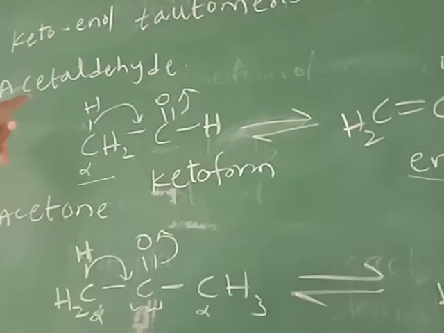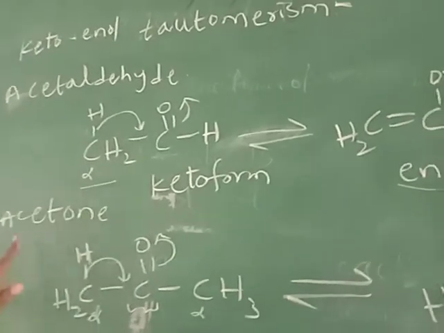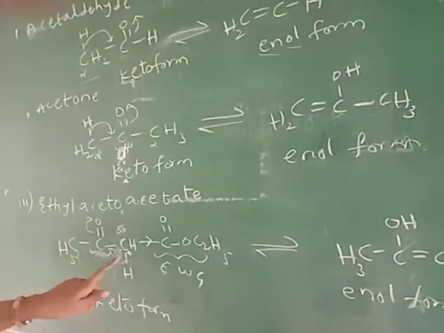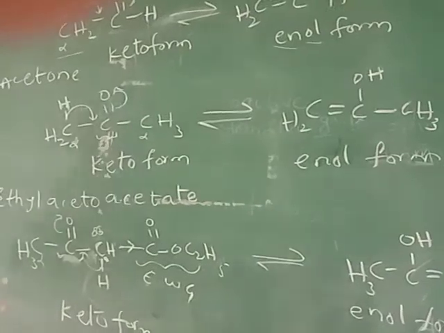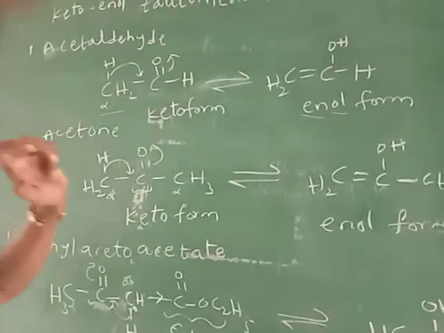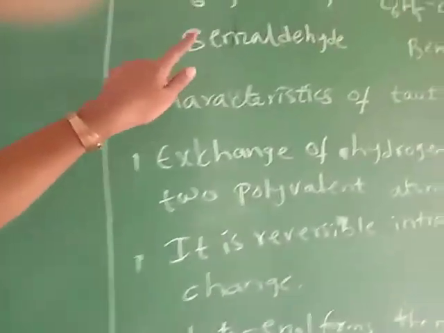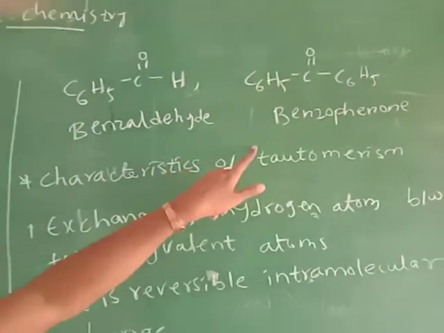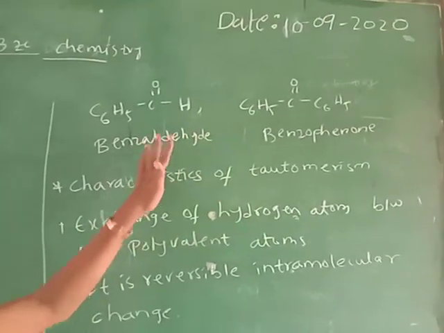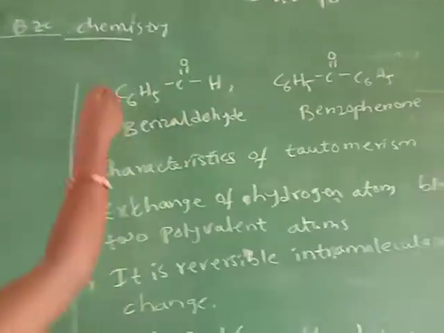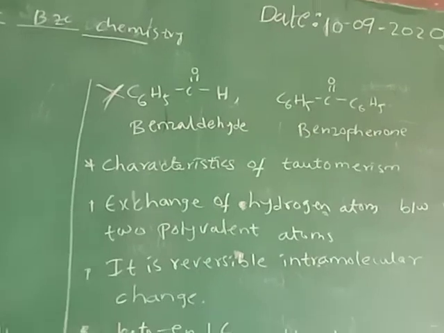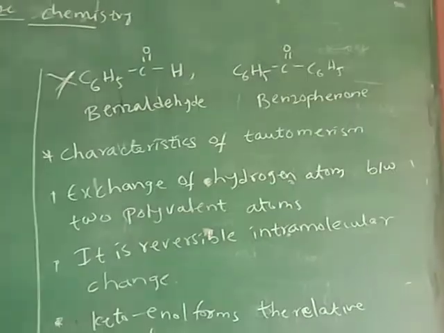Acetaldehyde contains one alpha hydrogen, acetone contains 3 alpha hydrogens, and ethyl acetate contains 3 alpha hydrogens. So these compounds contain alpha hydrogens, but benzaldehyde and benzophenone do not contain alpha hydrogens. Alpha hydrogens are absent in benzaldehyde and benzophenone. That's why they do not exhibit keto-enol tautomerism.